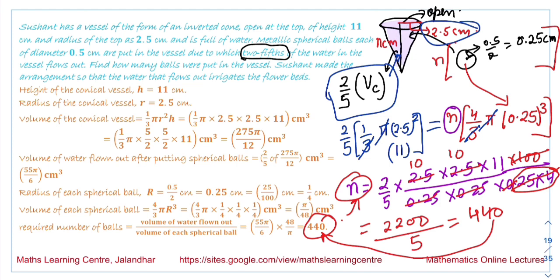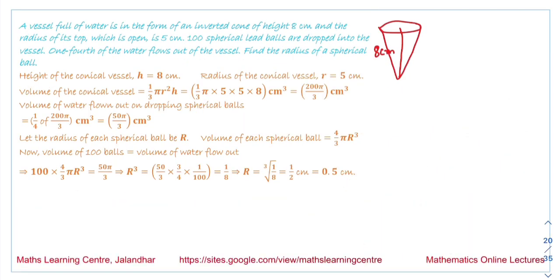Next is, a vessel full of water is in the form of an inverted cone of height 8 centimeter. The height of this vessel is given to be 8 centimeter, and the radius of its top when it is open is 5 centimeter.